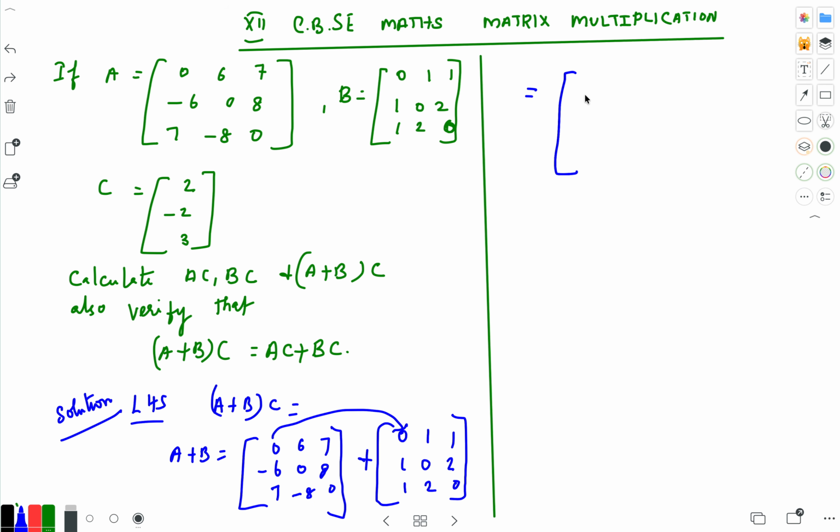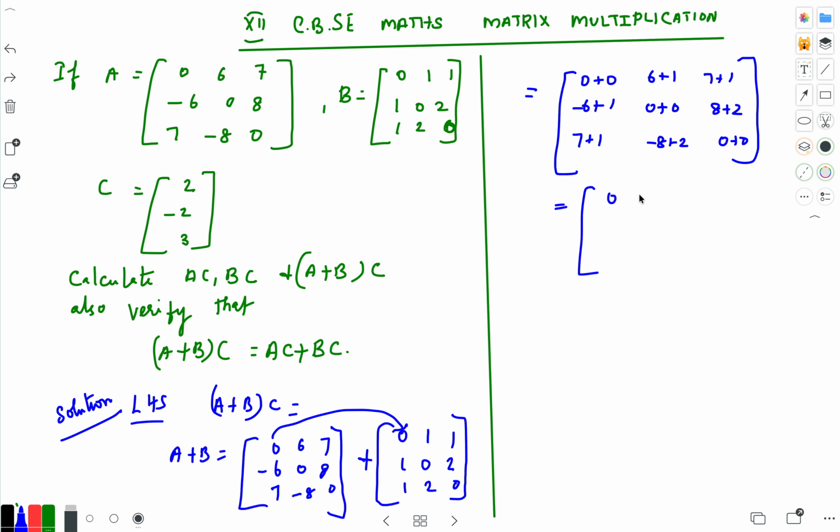That is, here 0 plus 0, 6 plus 1, 7 plus 1, minus 6 plus 1, 0 plus 0, 8 plus 2, 7 plus 1, minus 8 plus 2, 0 plus 0. And then 0, 7, 8, minus 5, 0, 10, 8, minus 6, 0.